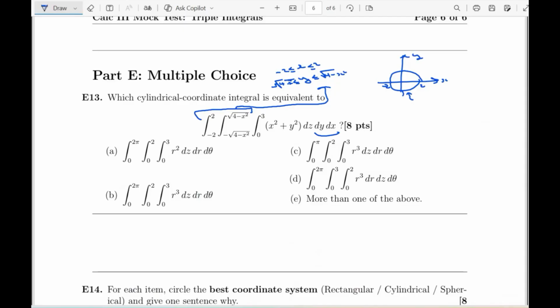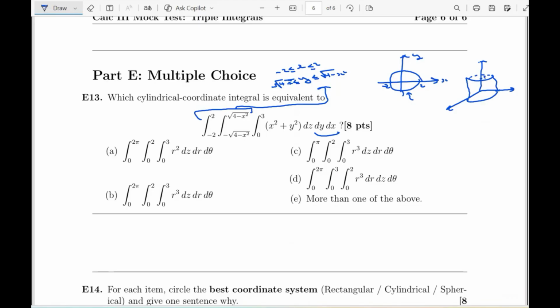The important thing here is that this circle is moved in the z direction from 0 to 3, and hence we obtain a cylinder that starts at the z equals 0 plane and goes all the way to the z equals 3 plane. It's going to be a cylinder like this, and this is 3.